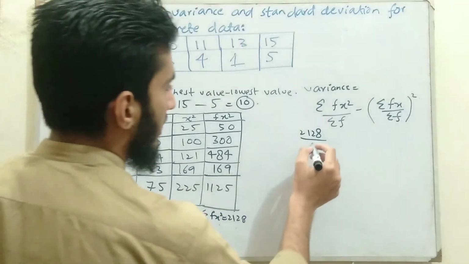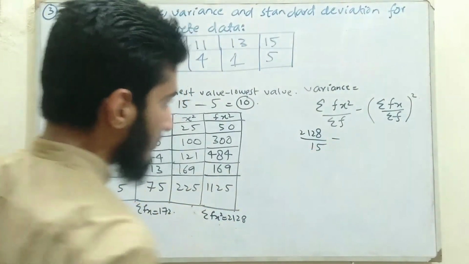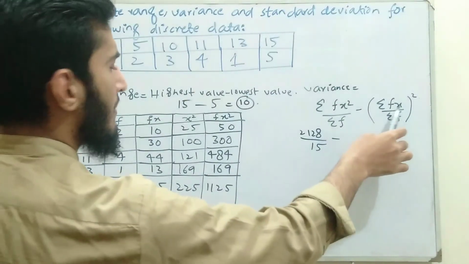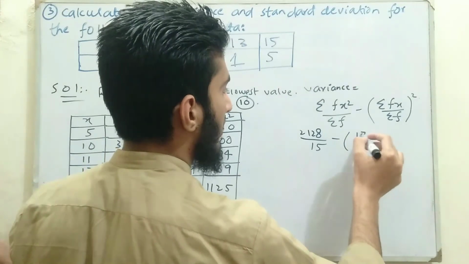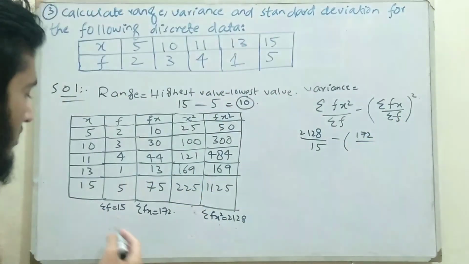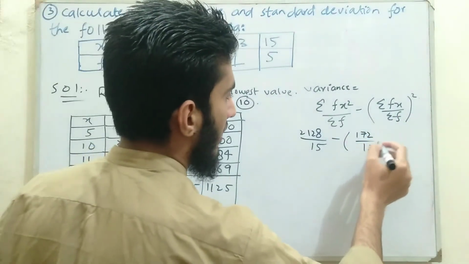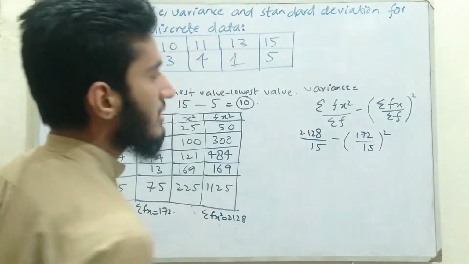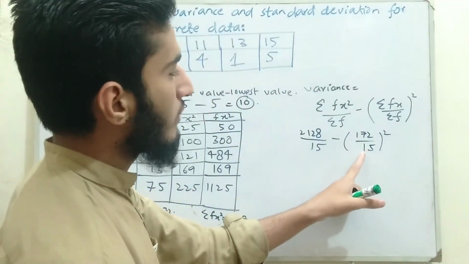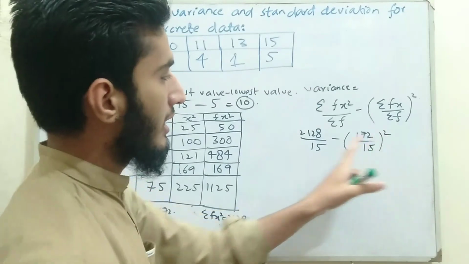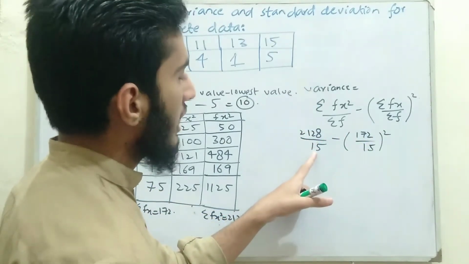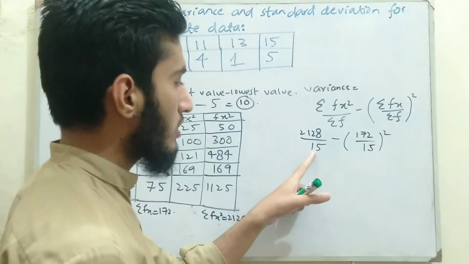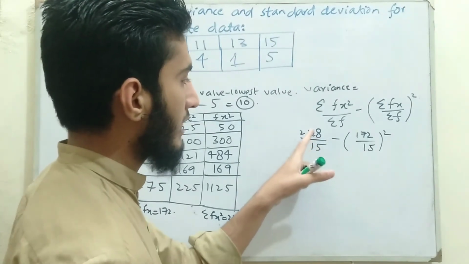Put 15 over here, minus summation of f of x, which is 172, divided by summation of f, which is 15, and the whole square. First divide 172 by 15, it will give you a value, and take the whole square. Then divide 2128 by 15, it will give you a specific value, and then subtract these values.